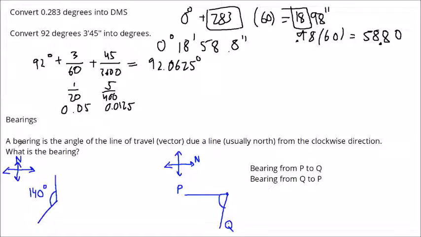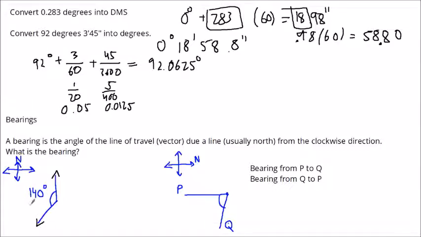Okay, that's good. A bearing is the angle of the line of travel, or vector, right? It's usually measured from north in the clockwise direction. Did I kind of confuse you right there? A bearing is just when something's pointing up, and the bearing is the angle it produces going clockwise from north.